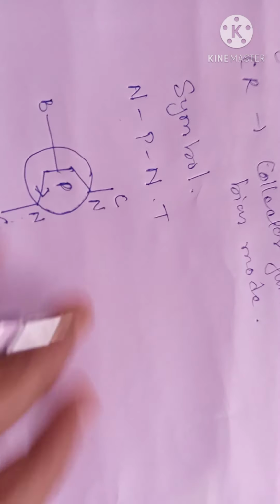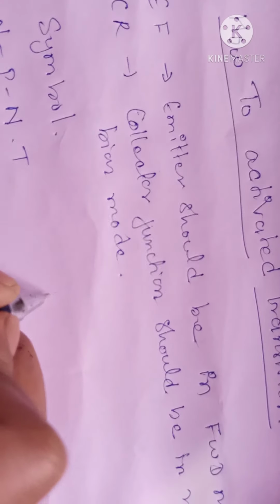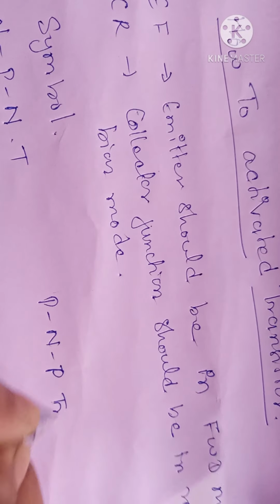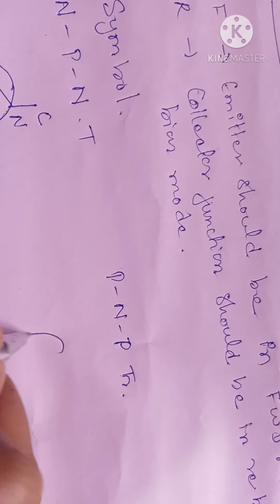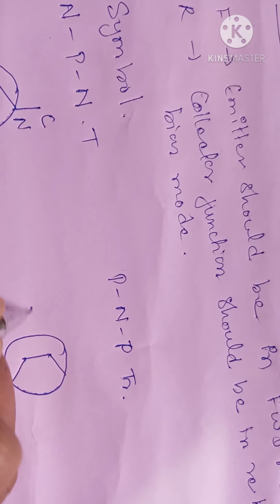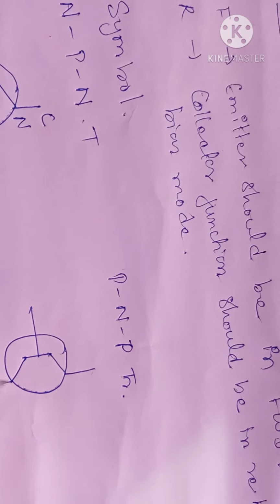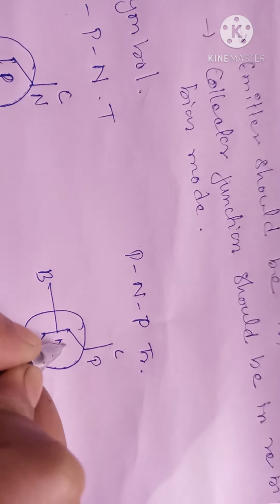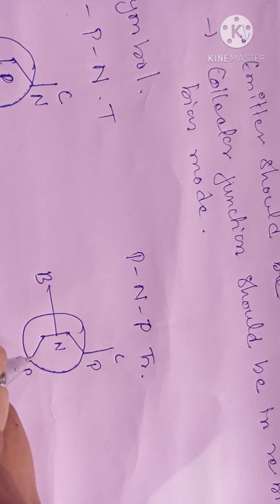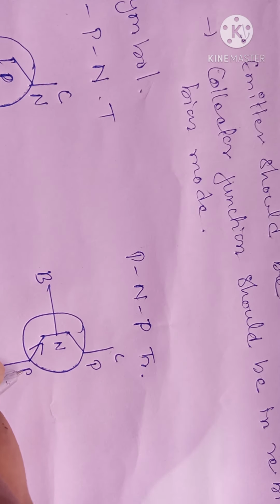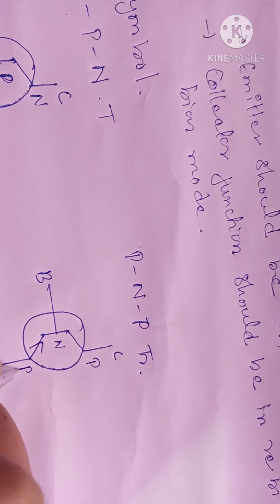And for the PNP transistor, with emitter, collector and base, the arrow should be in the upward direction, because it goes from positive to negative.